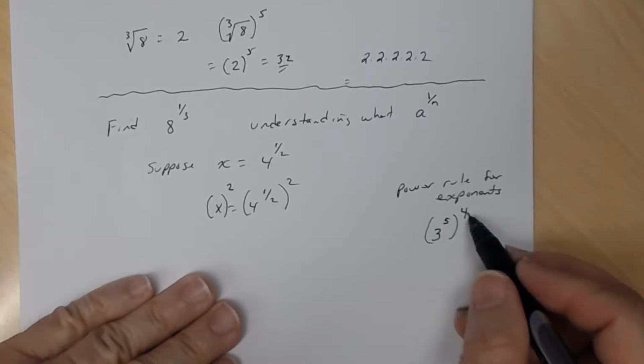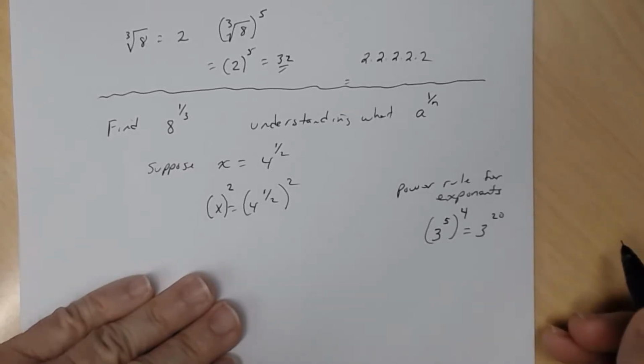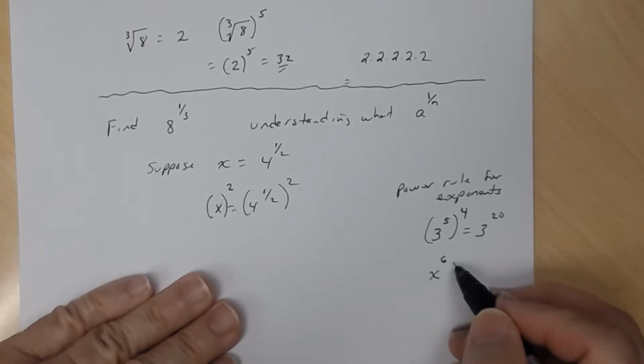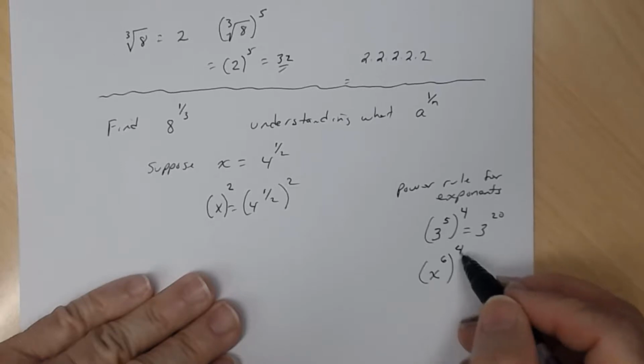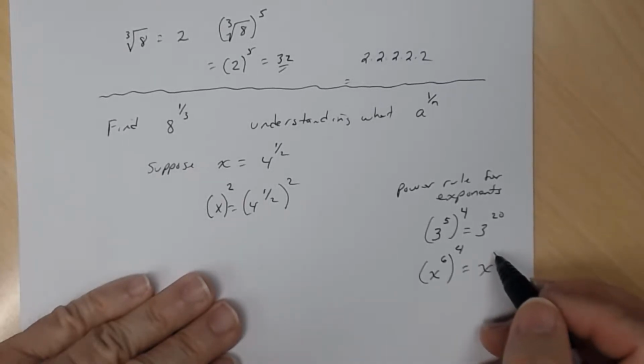When you have a power raised to a power, you multiply those powers. So 5 times 4 is 20. So this would be 3 to the 20th power. You also looked at it in terms of this. If I have x to the 6th power, and that's being raised, let's say, to the 4th power, then that will be x to the, and then 6 times 4 is 24.